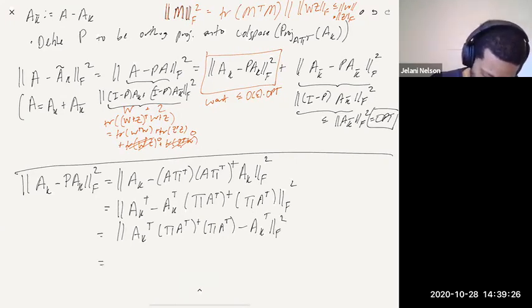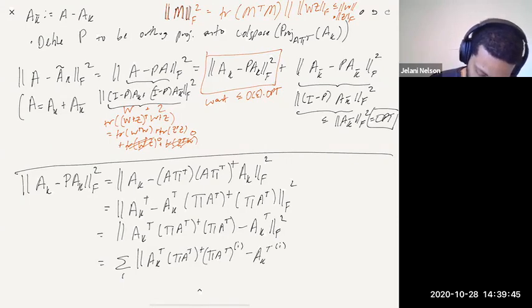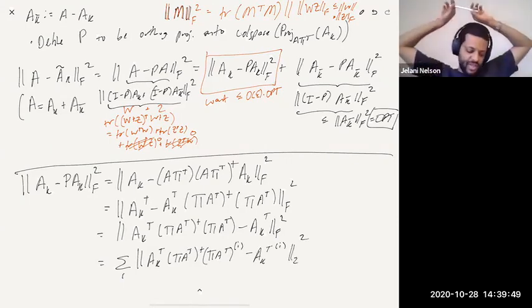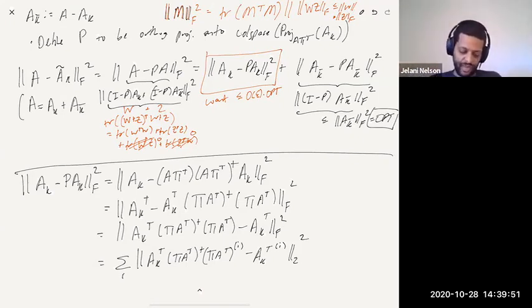So let me sum up over columns. This is the sum over all i of the L2 norm squared of AK transpose pi A transpose pseudo inverse pi A transpose, ith column, minus AK transpose ith column. Okay, I know this looks a bit like a mouthful, but let me rewrite the last thing on the next whiteboard.